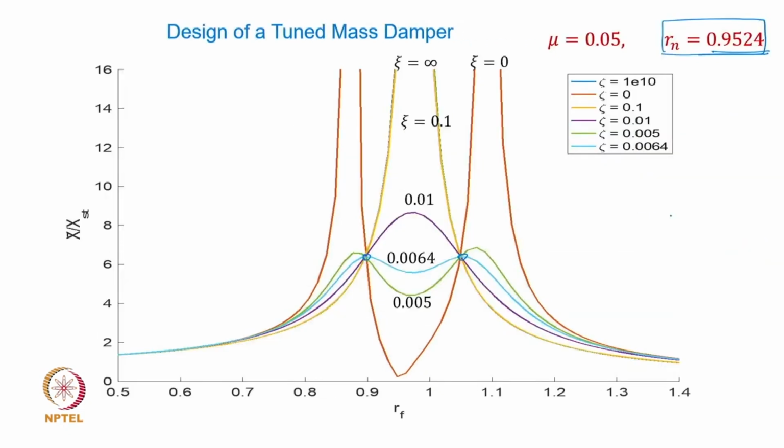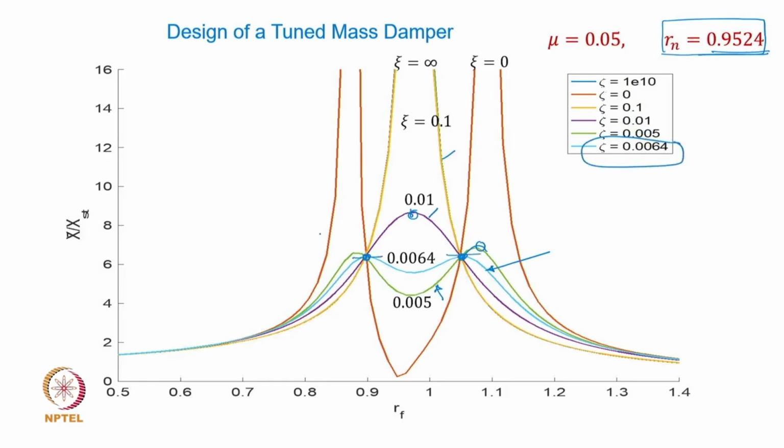Of all the various damping factor graphs that you see here, they do pass through this point, but they show up with a larger amplitude here or a larger amplitude here. But this graph, if you look, has an optimized damping factor which generates a zero slope at these two points.